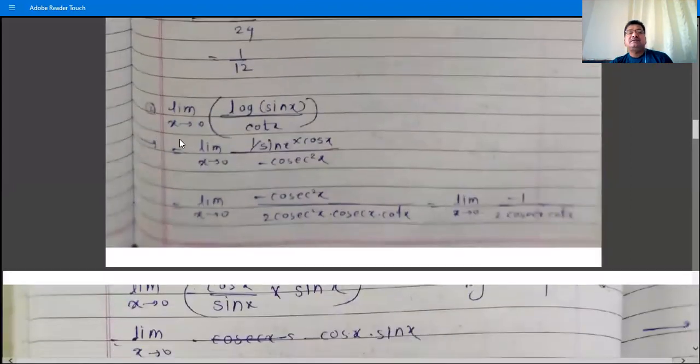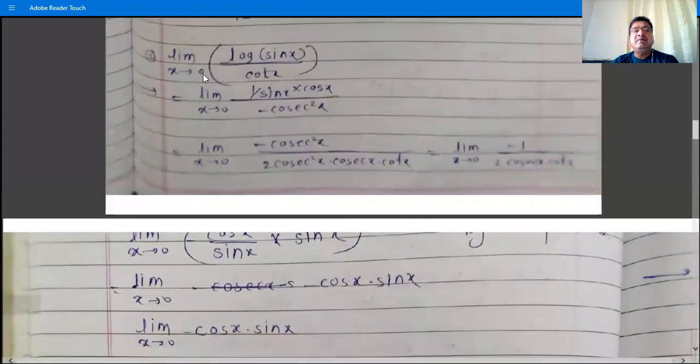So next example on the same rule, limit x tends to 0, log sin x divided by cot x. If we substitute x as 0, then sin 0 is 0, log 0 is infinity, and cot 0, that is cos 0 by sin 0, that is 1 by 0, is infinity.